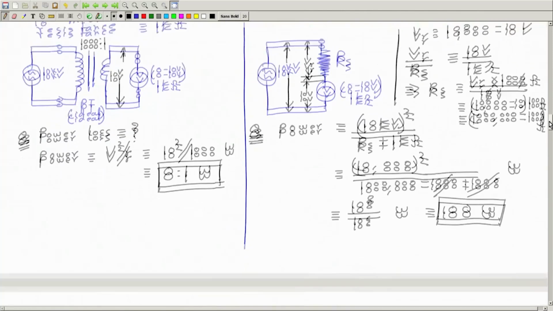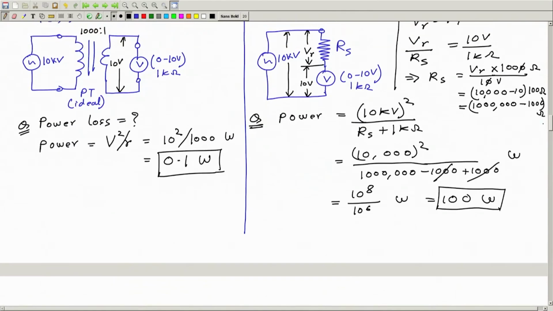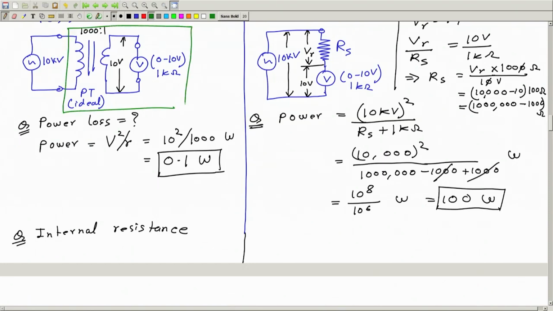Now let's ask the other question: how much is the internal resistance of this scheme? Internal resistance means the resistance of this measuring instrument. So this together is the voltage measuring instrument.